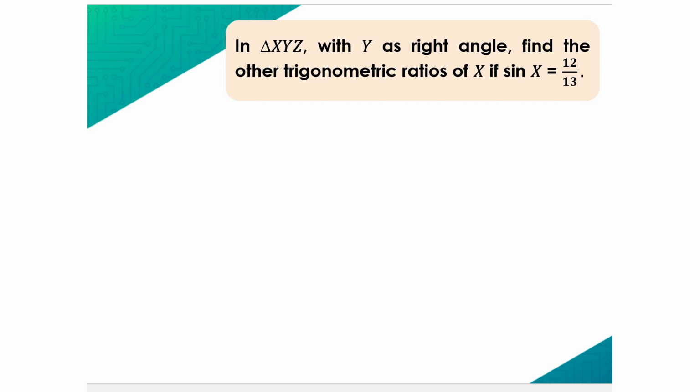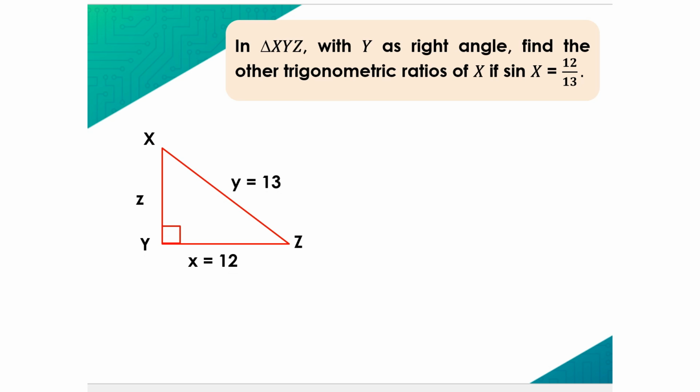In triangle XYZ with Y as the right angle, find the other trigonometric ratios of X if sin X equals 12 over 13. Let us draw triangle XYZ first and label the parts based on the given.